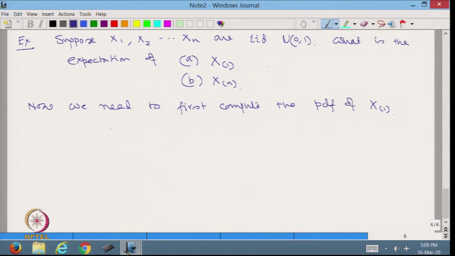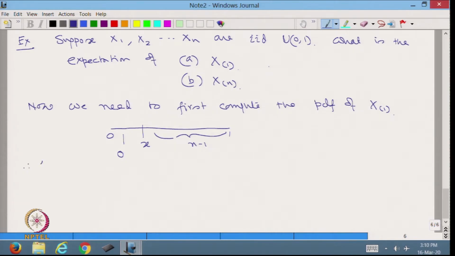So, we go from the basics on the interval 0 to 1. We are considering a point x and we are saying that X1 is at x. What is the PDF? Before x there are 0 observations, then 1 observation is at x, and the remaining n-1 observations are in this region.